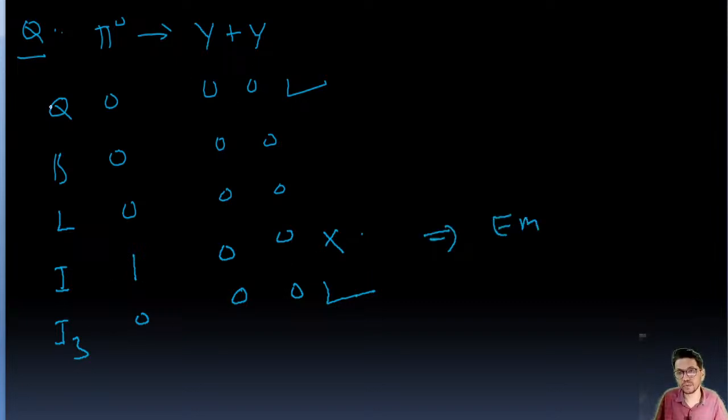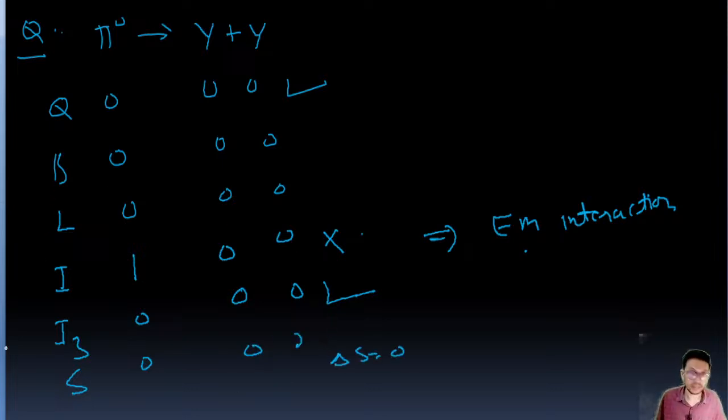By the trick also, I have already written the trick for you. You can check. So this is made by electromagnetic interaction. S also you can find out. S is 0 0 0, so delta S equals 0.